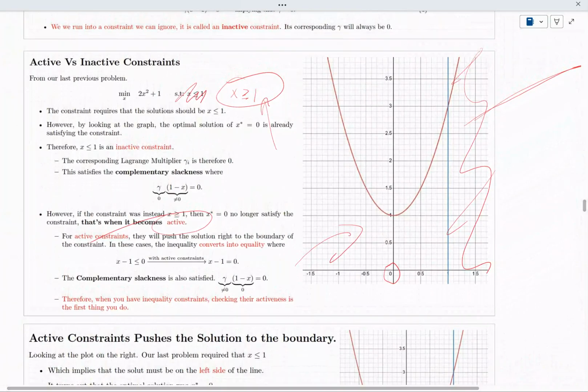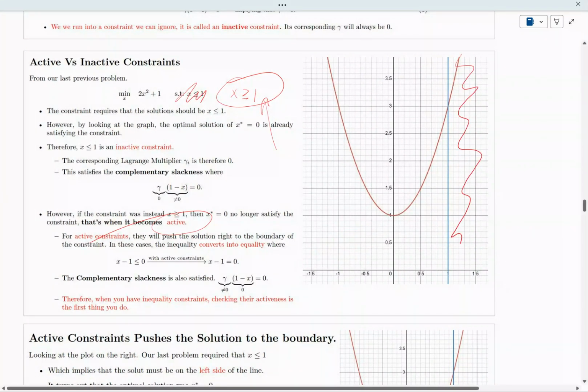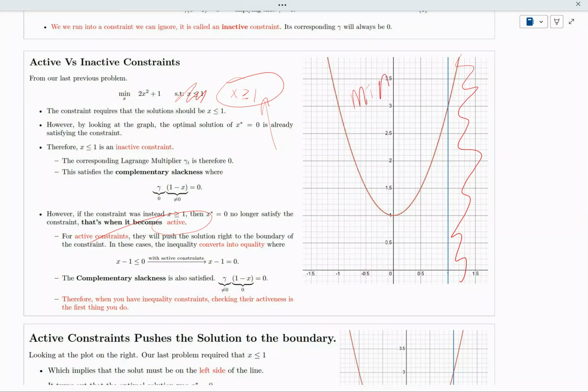Obviously, when it's inactive, we can just ignore it. That seems to be pretty easy, right? When it's inactive, you don't even need it there. But guess what? When you have active constraints, the problem becomes even easier. If the solution has to be in this region and you're trying to find a minimum, it's very obvious that the minimum is the point of intersection.